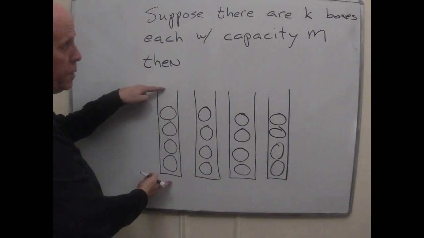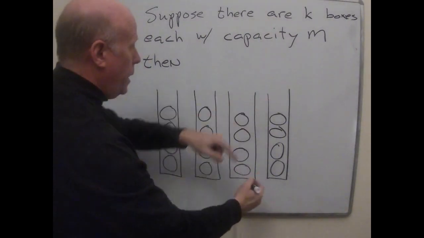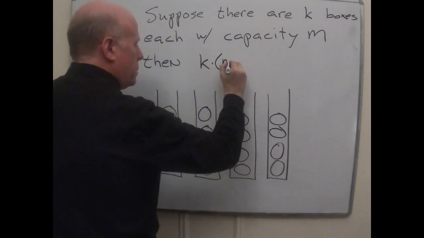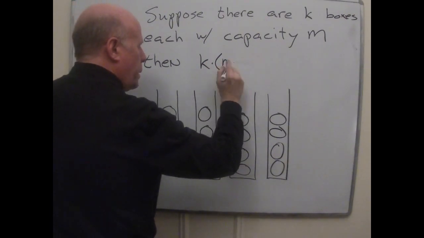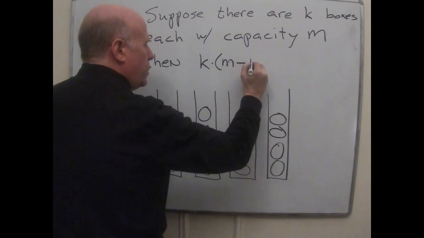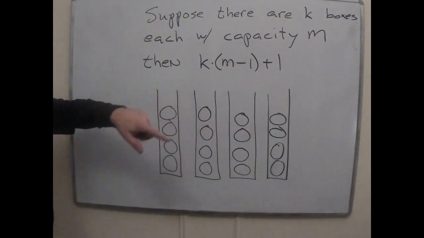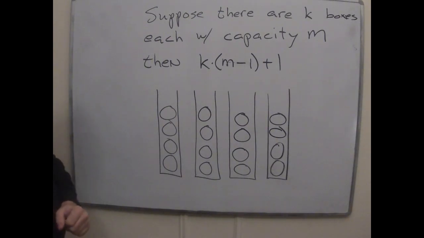Take 1 less than the capacity and multiply by how many boxes there are. k times m minus 1. M minus 1 plus 1. If k times (m minus 1) plus 1 objects are put into these boxes, some container will be at its capacity.